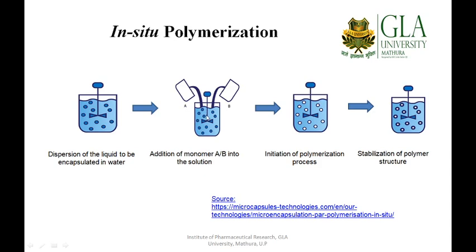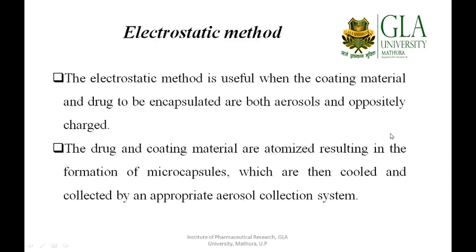They will be added into the system, and in the next step the initiation process will begin, and the polymer which we have added will try to develop a polymerization coat on the core material. Similarly, the last step will be stabilization of the polymer structure. So this is the nutshell of in situ polymerization.